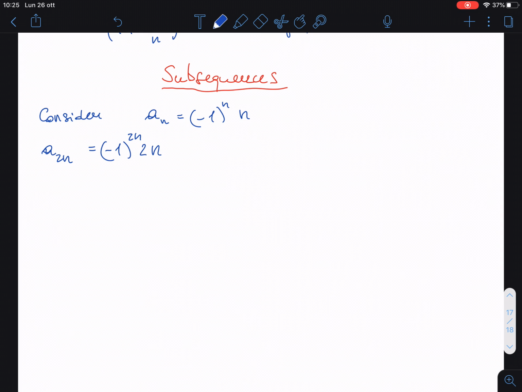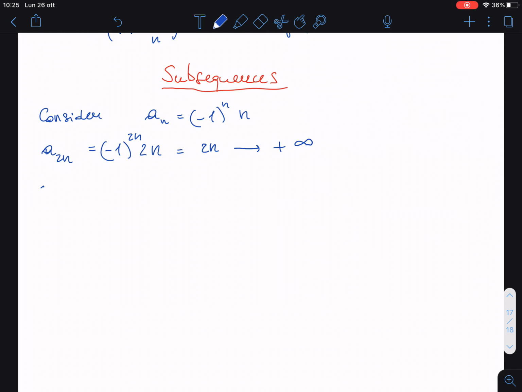Minus 1 to the power 2n is equal to plus 1, because the exponent is even, so this is equal to 2n, and this is positively divergent. This goes to plus infinity. The original sequence was not positively divergent. This sequence made just of some elements, in particular the even elements, is positively divergent.